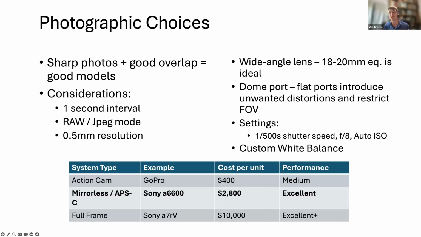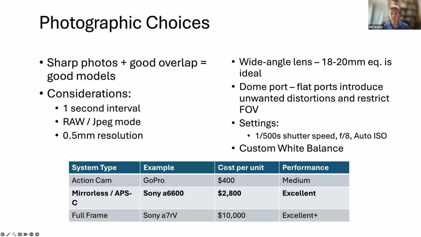So the system that we particularly recommend is a Sony A6600 camera in a Sea Frogs housing with a 6-inch dome port. And that will cost right around $2,800. There's also an alternative for a slightly cheaper system that has similar image quality using a Sony A6400 camera.